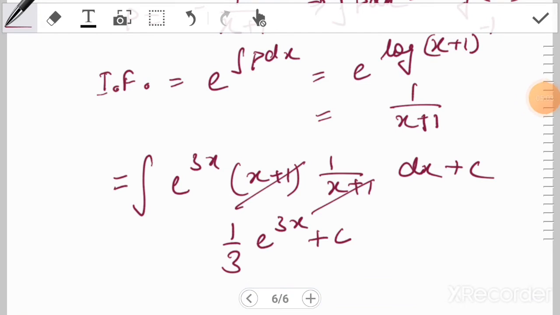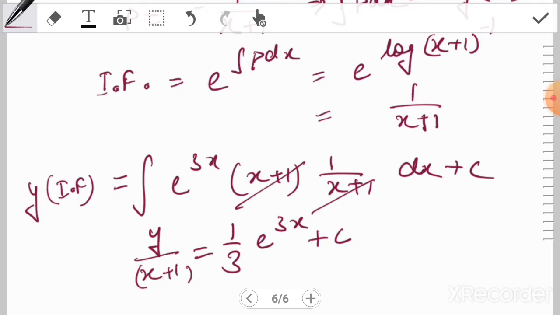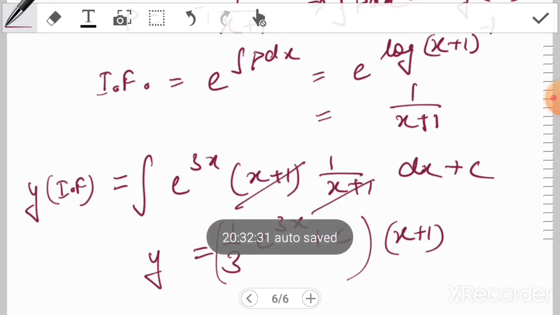So this is the required solution of the given equation, right?